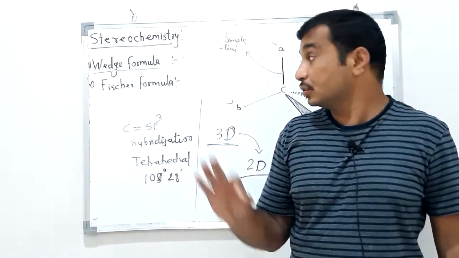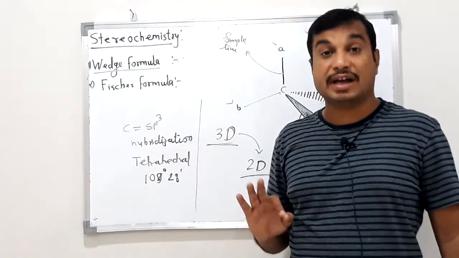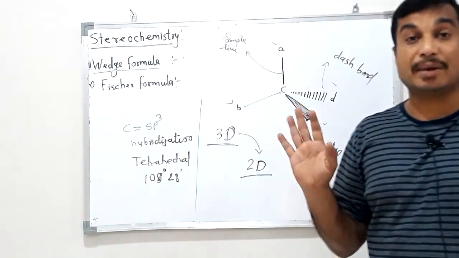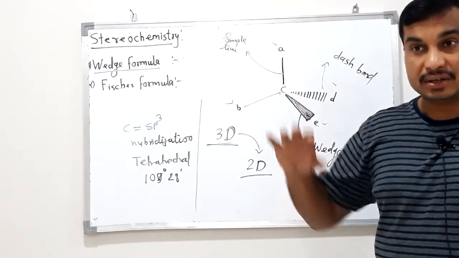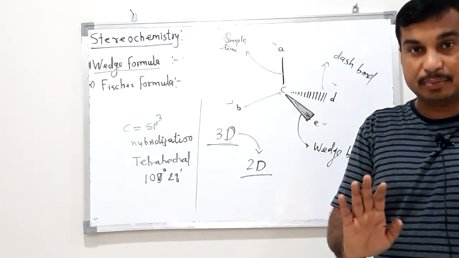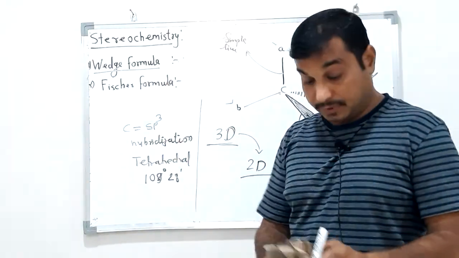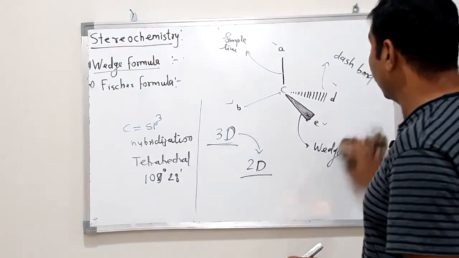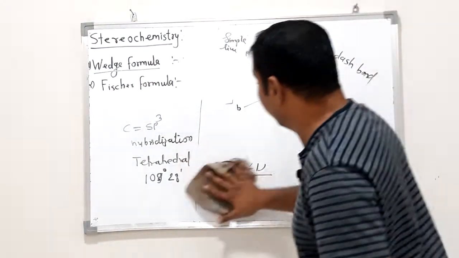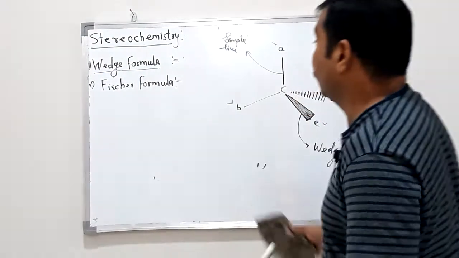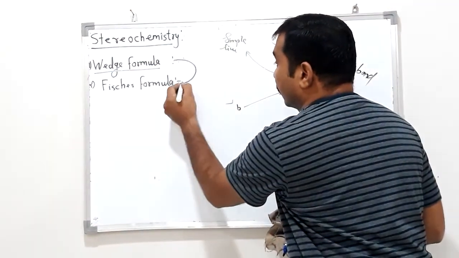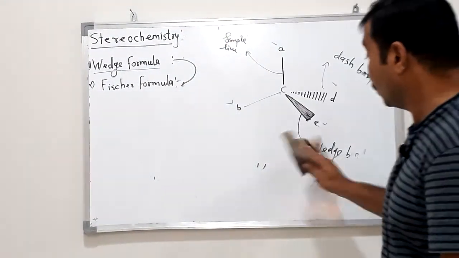If we want to make a planar representation, then we have to use the Fischer projection formula. Now see what we have to do in this structure. We want to convert the wedge structure into this. What do we have to do?